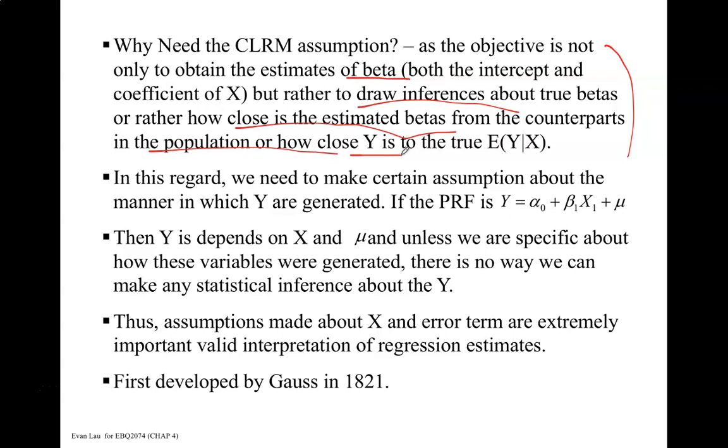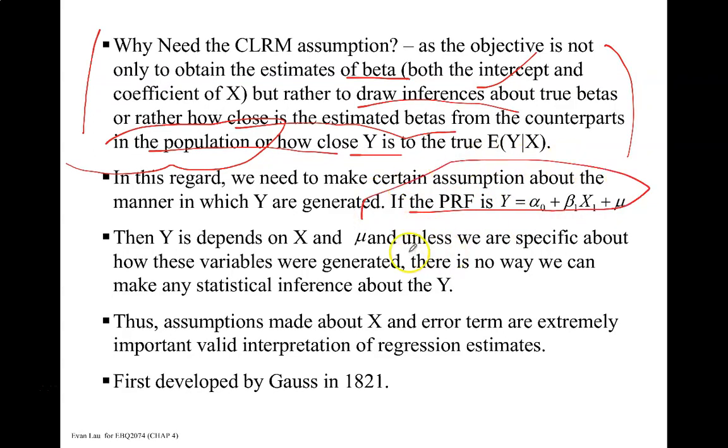So that's the assumption, not only just to get the estimates, but the sample plays an important role in representing the population. So we need to fulfill certain assumptions, and prove statistically what the population regression function is about, from the sample that represents the population.